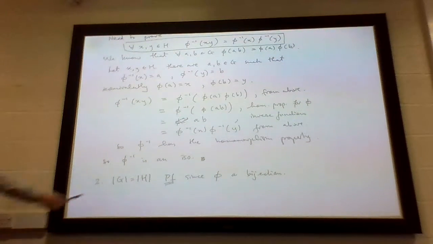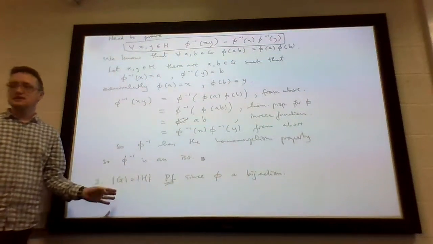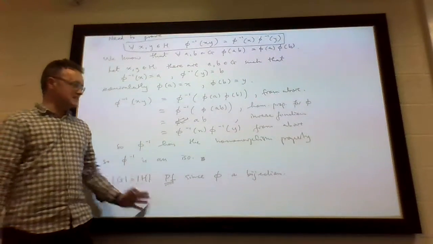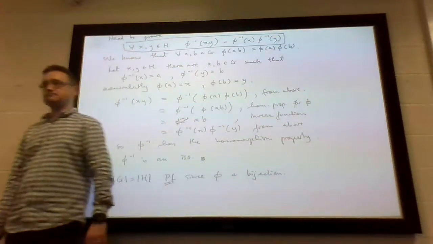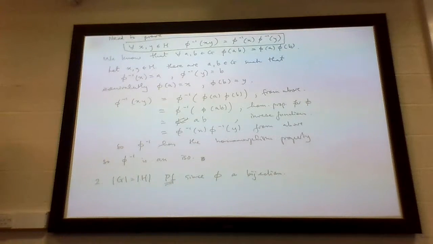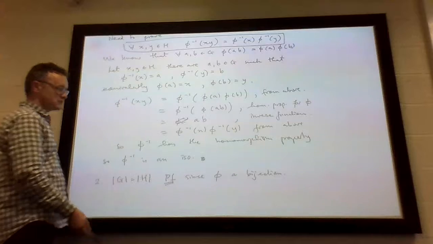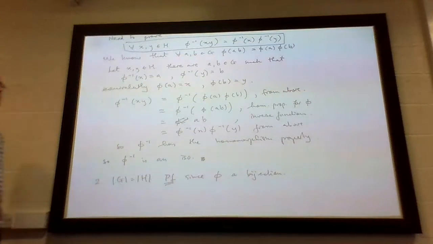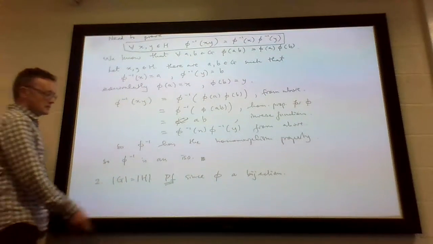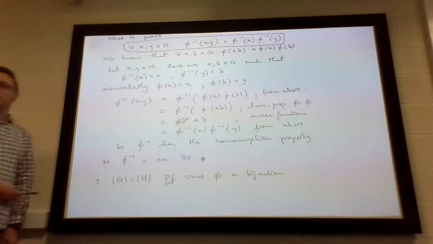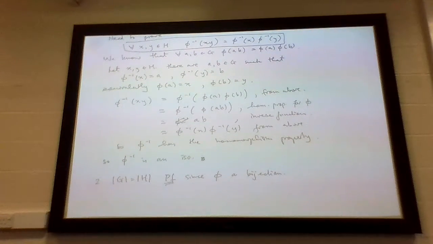The meaning of this statement for infinite sets, size of G equals size of H, is that there is a bijection between them. So for finite sets, the fact that there exists a bijection means they have the same number of elements. For infinite sets, this is the definition of having the same number of elements: the existence of a bijection.